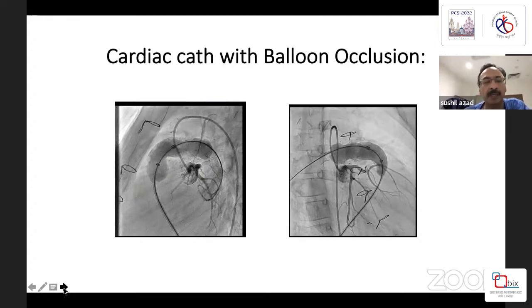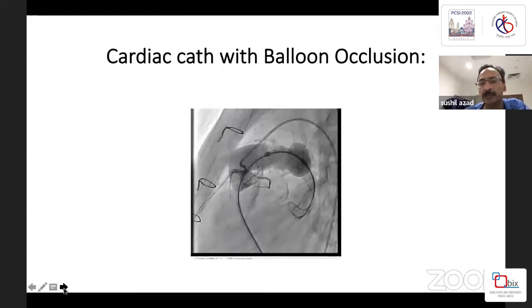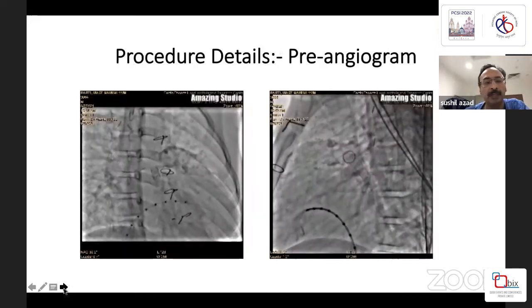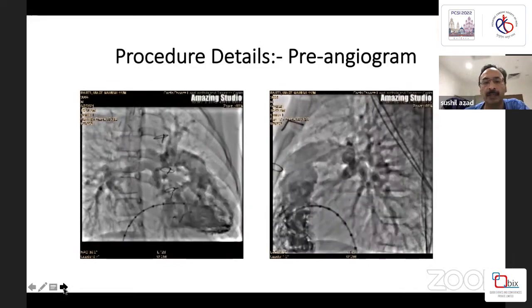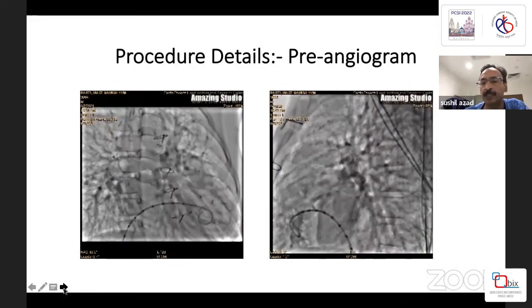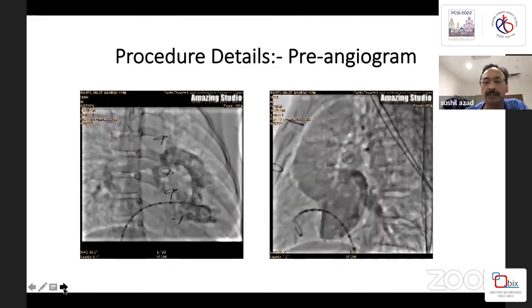The right coronary artery was far away from the narrow, calcified portion, and we checked that as well. So we planned this patient for a percutaneous pulmonary valve, and before that we thought we'd do dilatation or stenting of both branch pulmonary arteries and check the gradient.